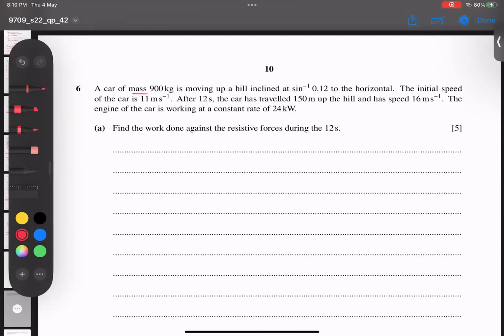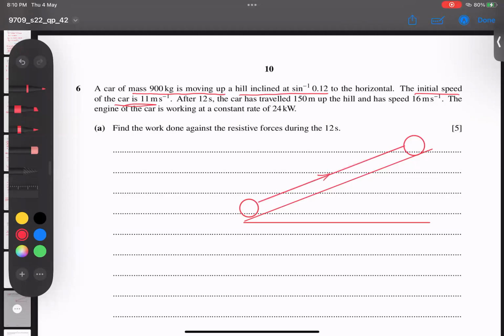A mass of 900 kilograms is moving up a hill inclined at this angle to the horizontal. Initially its speed is this one. So let's draw a rough idea. Let's say this is the initial position of the particle, going somewhere on the top.